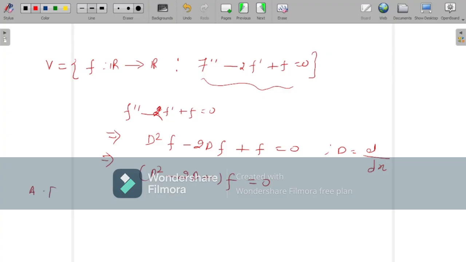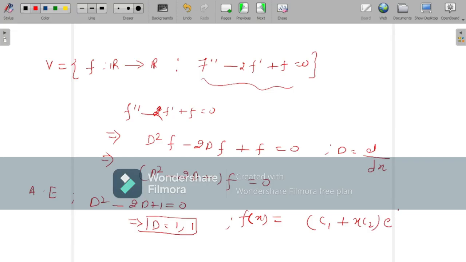Now the auxiliary equation is D square minus 2D plus 1 equal to 0. The roots of this quadratic equation are 1, 1. So the solution of this differential equation will be (c1 plus x times c2) into e to the power 1 times x. Okay.